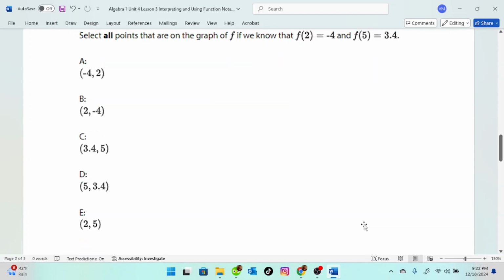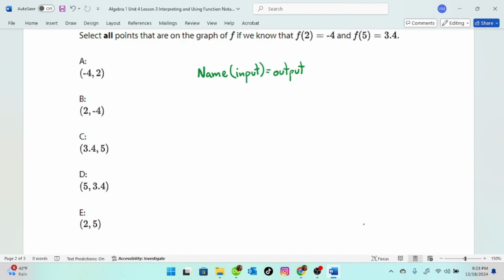Our next practice problem: select all points that are on the graph of f if we know that f of 2 equals negative 4 and f of 5 equals 3.4. So, remember that in function notation, it's name, in parentheses, you have the input, and it equals the output.